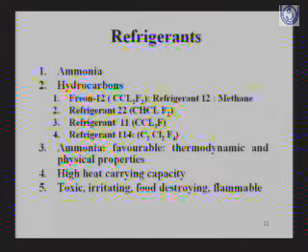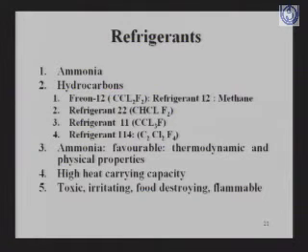The common refrigerants which are used are ammonia, then freon 12, refrigerant 22, 11, 114. But in the dairy industry, ammonia is used. It is favorable because of the thermodynamic and physical properties.